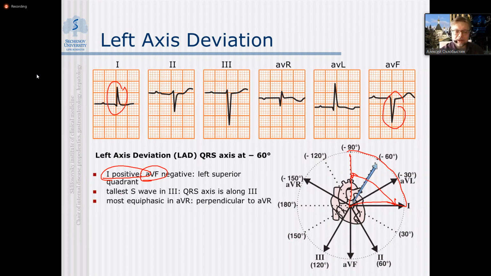We have the deepest or tallest S wave in third standard lead, here it is. Therefore, the axis is going along the third standard lead. But because it's a negative deflection, it means that it's located away from the active electrode, in the opposite direction, in the direction where there is an angle of minus 60 degrees.